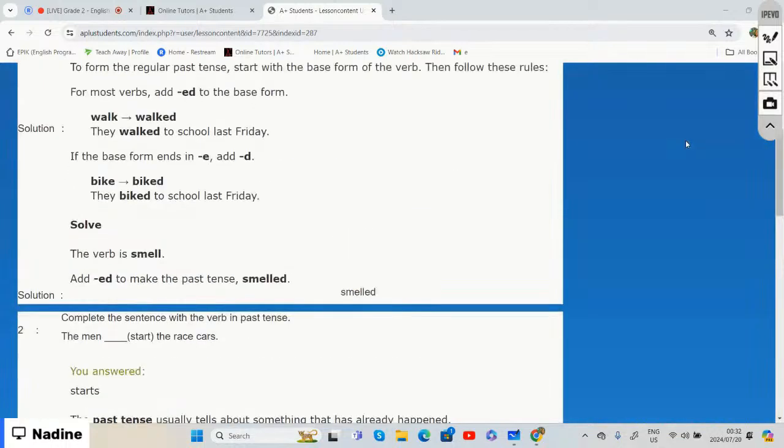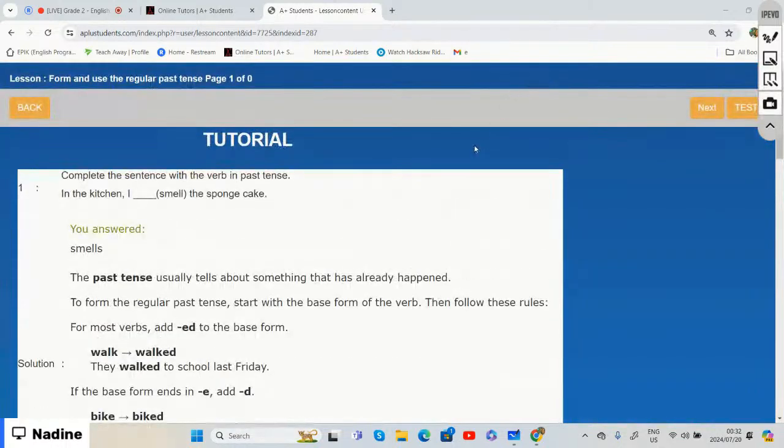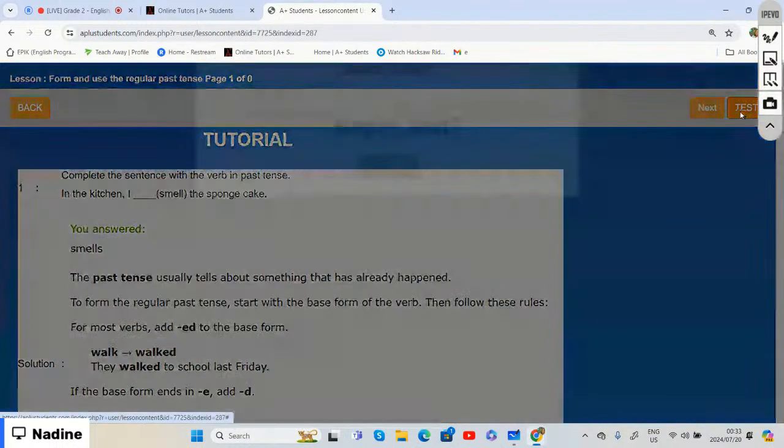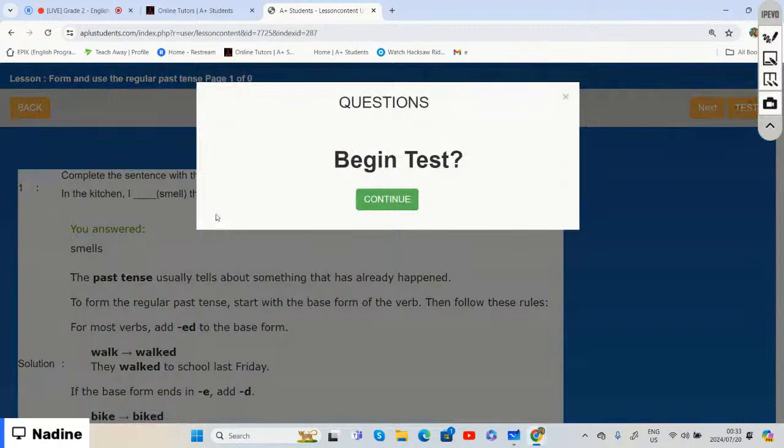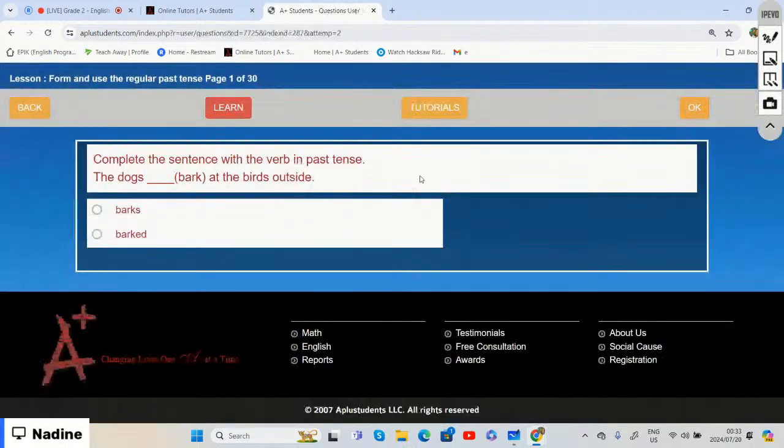Where we need to form and use the regular past tense. All right, so we need to complete the sentence with the verb in the past tense.